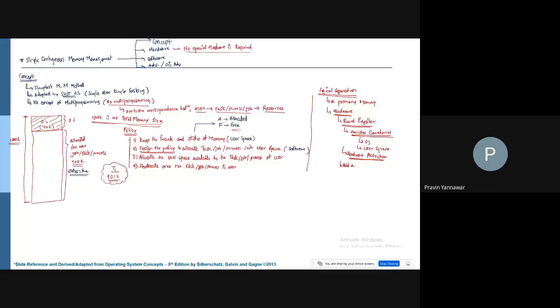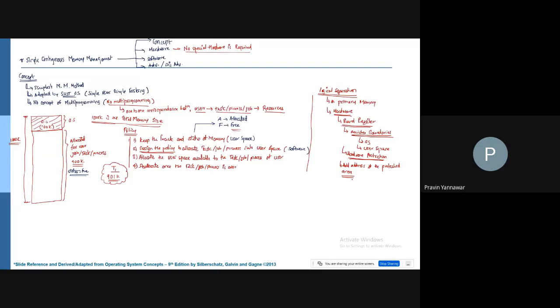Okay, and this bound register will hold the address of the protected area. Here in this case, it has two protected areas.